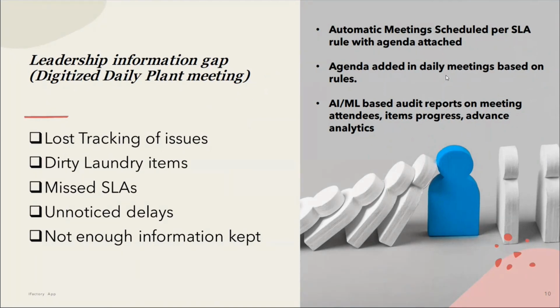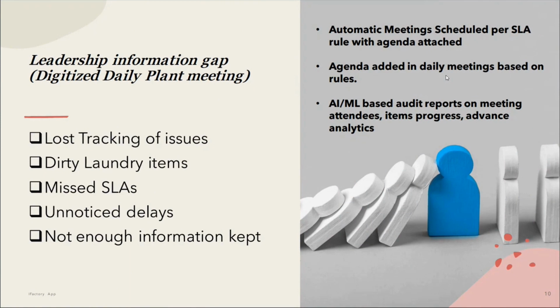How would you ensure that it has been fixed, that the corrective action is taken in time? Or if it needs higher plant management visibility or supervision? So in real time, many such issues and problems remain in the plant as there are no efficient means to bring them forward.